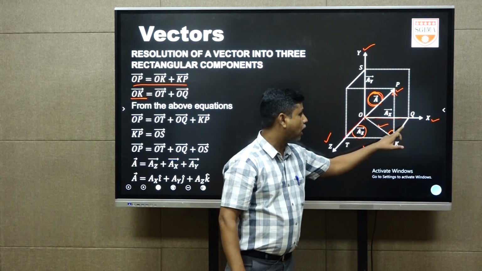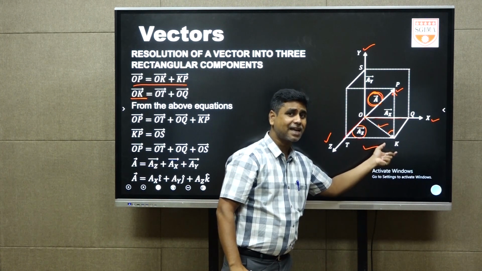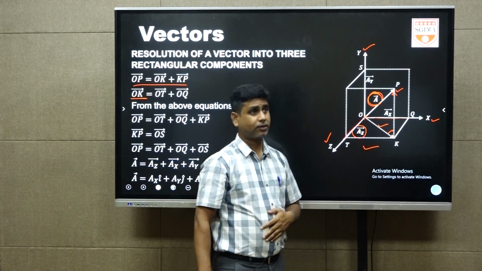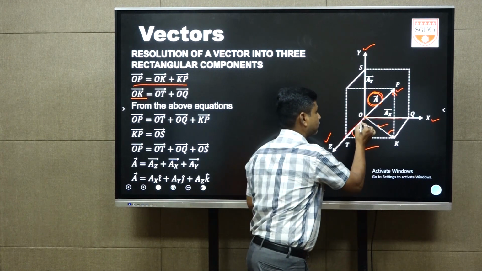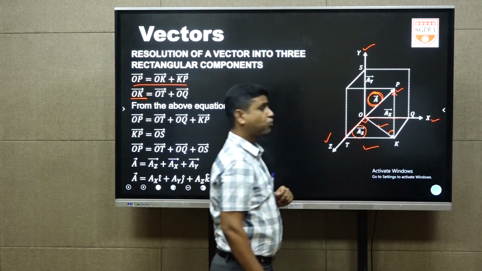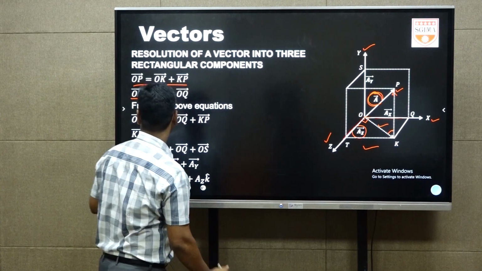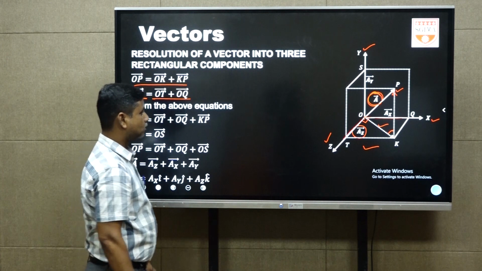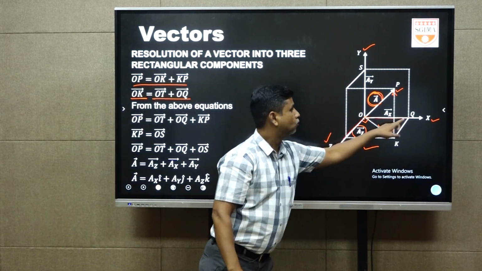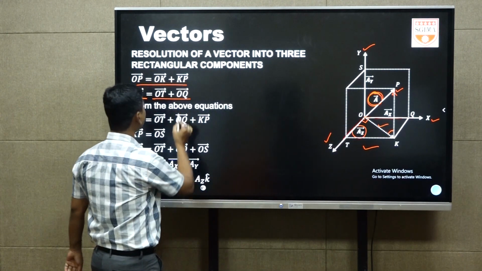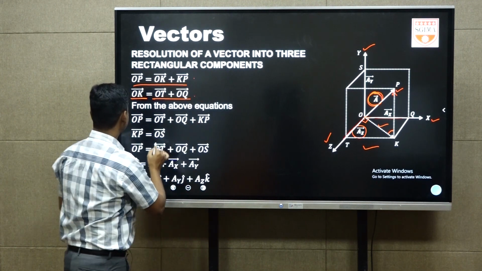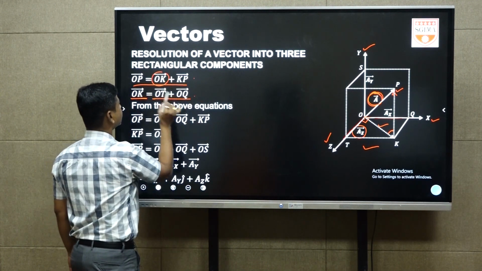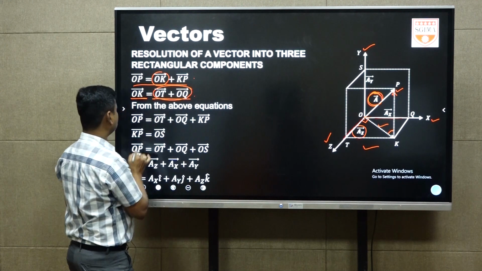OT and OQ are the rectangular components of OK. These two are perpendicular because the X axis and Z axis are perpendicular to each other. Here write OK bar equal to OT bar plus OQ bar. From both equations, OK is taken as OT plus OQ.